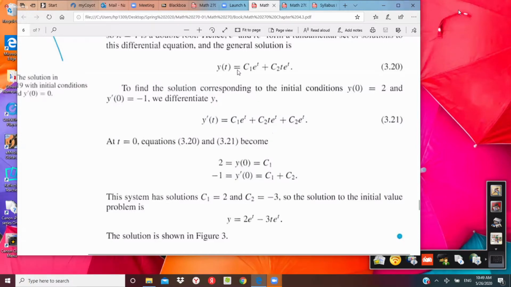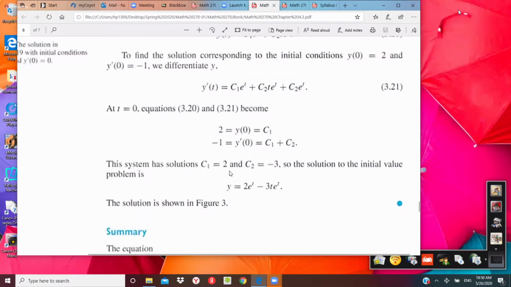So if you substitute 0 for t into each y and y prime, you will be able to find c sub 1 and c sub 2, right? So c sub 1 here is equal to 2 and c sub 2 equals -3.